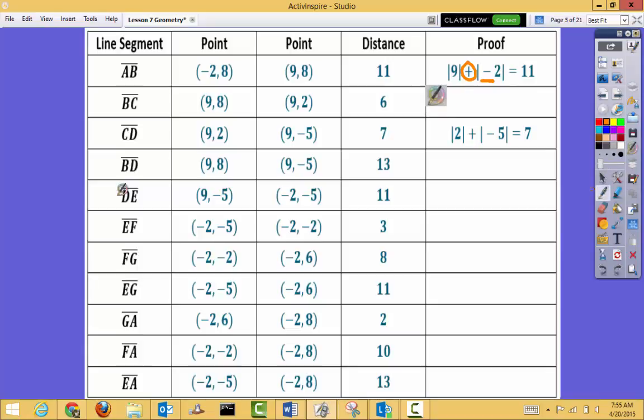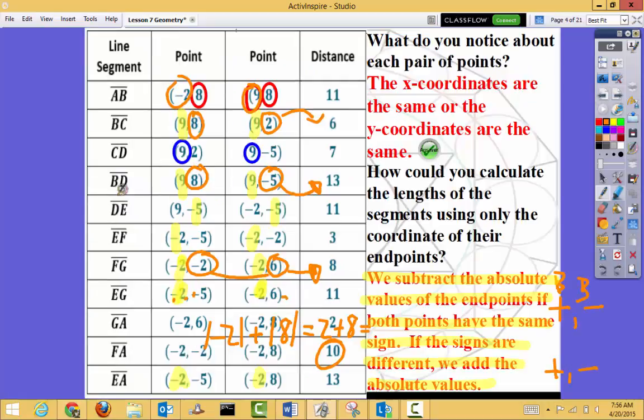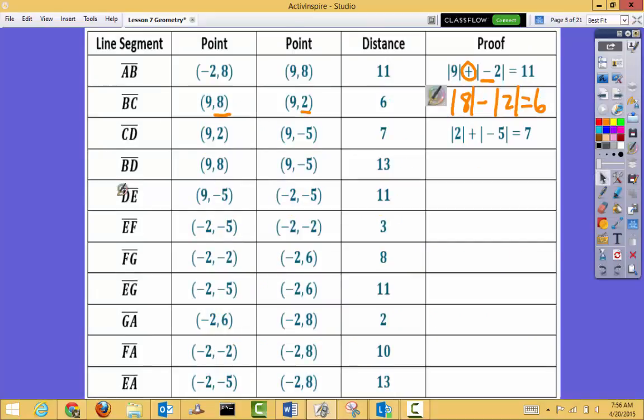What do I do with this one right here? Well, this is going to be the absolute value of 8 minus the absolute value of 2 equals 6. Why is that? Well, because this is a positive 8, this is a positive 2. And remember, if they have the same sign, then we subtract. Okay, so let's check.